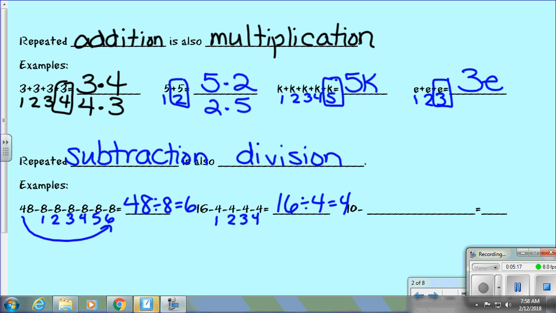We're going to make up this last one. What do you want to take away from 10? 5. 10 minus 5 minus 5, right? 1, 2. So 10 divided by 5 equals 2.